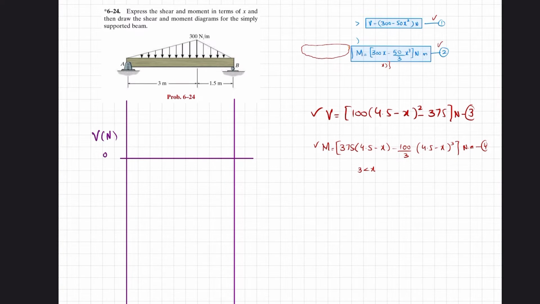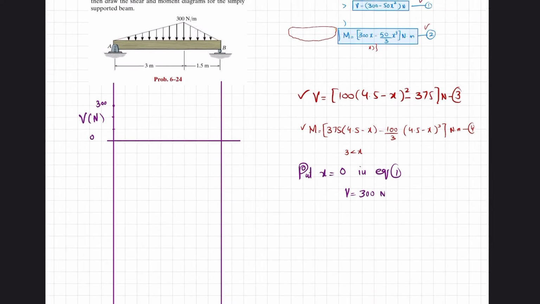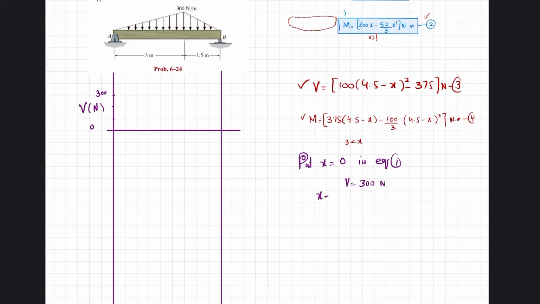Okay, so if you put x equal to 0 in equation 1, definitely you will get V equal to 300 Newton. So let each division be 100, so this is 300 Newton. This will be your first point. Now at x equal to, let at x equal to 3.